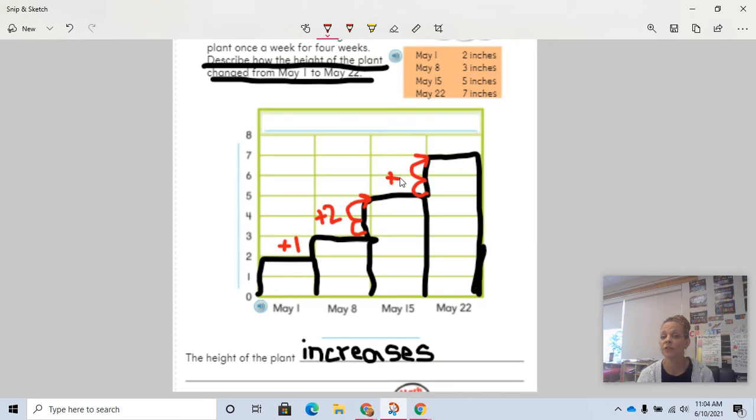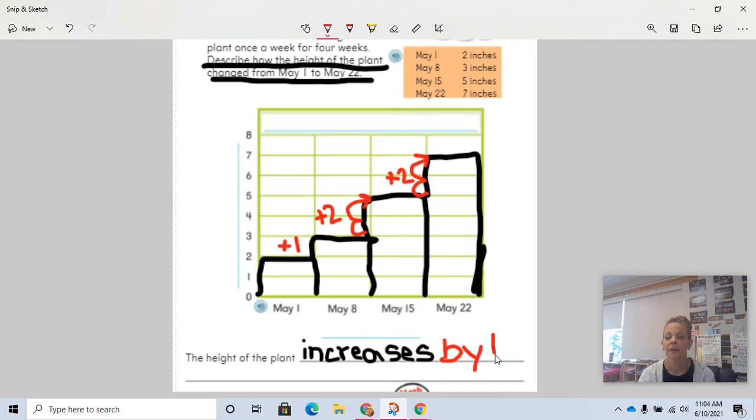Was another 2 inches. So we would say that the height of our plant increases by 1 inch and then by 2 inches for the next 2 weeks.